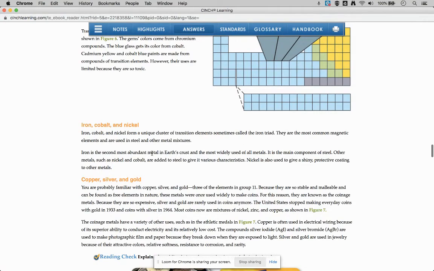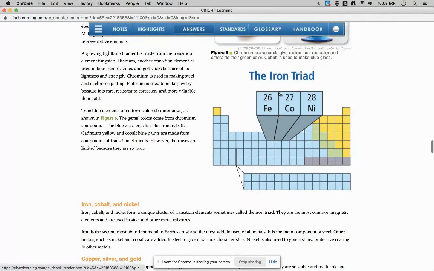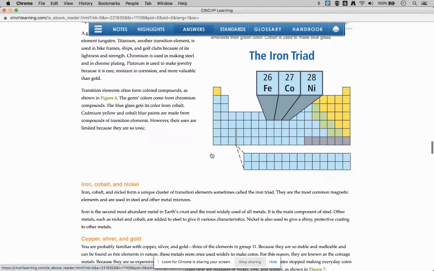Iron is a big component of steel, but they also mix it with nickel and cobalt and things like that to give it different properties and characteristics. So these are the most common magnetic elements used in steel and other metal mixtures. So lots of different uses for these, but the most common usage is probably the ability to create what we call steel out of these particular elements.